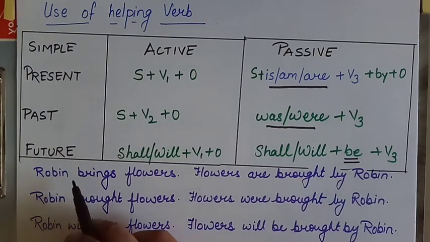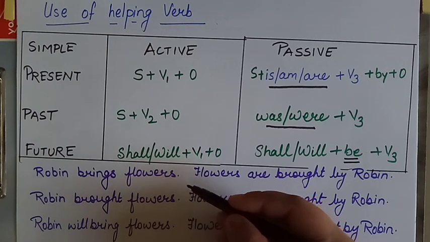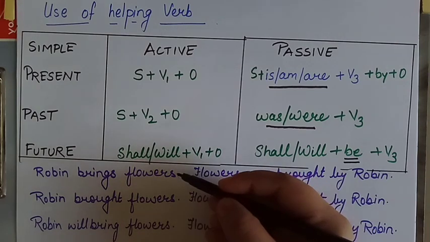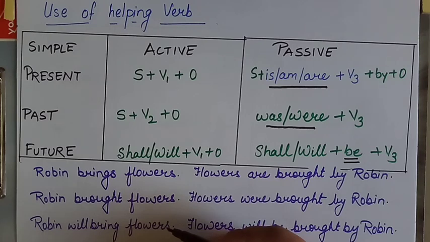Let's go for an example. Robin brings flowers. I have written the same sentence in all three forms. Robin brings flowers, that is simple present tense. Robin brought flowers, simple past tense. Robin will bring flowers, that is future tense.